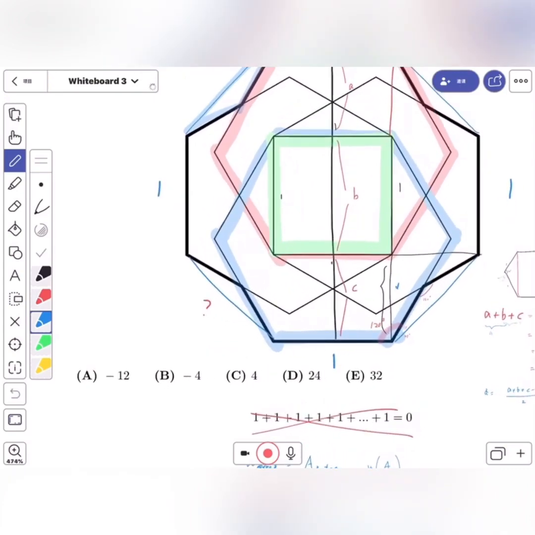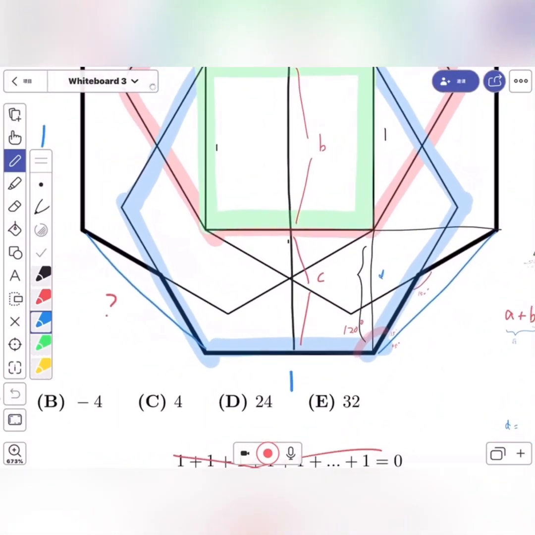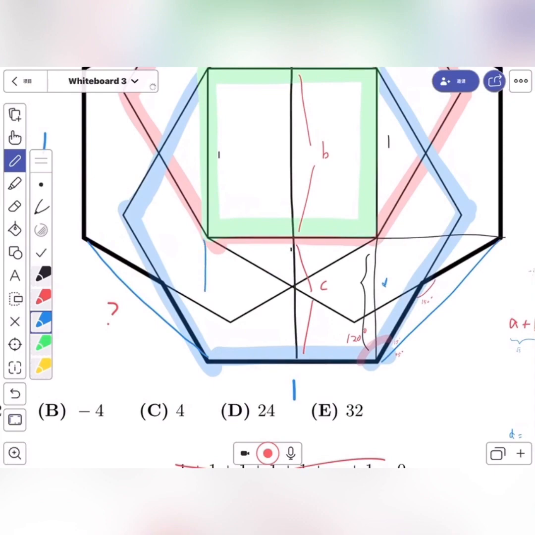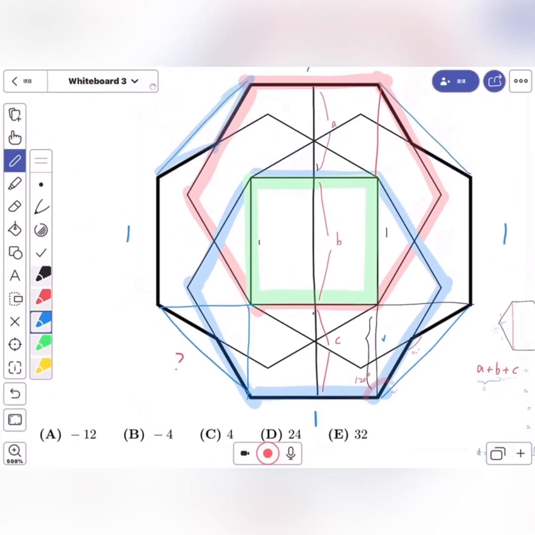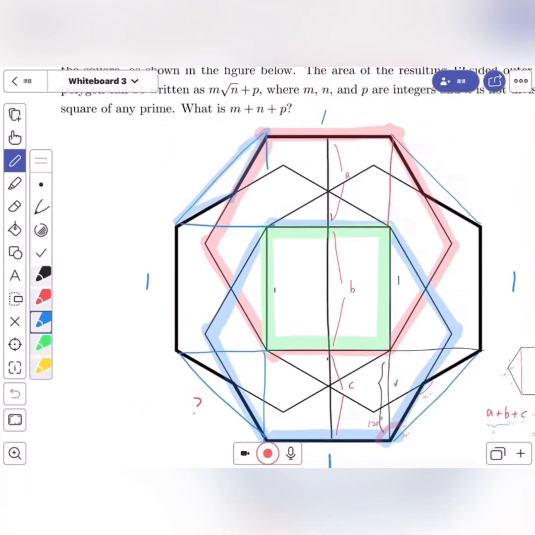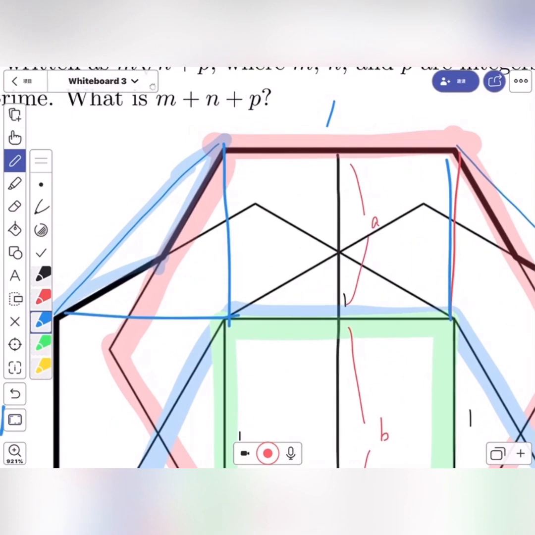Well, we know what these 4 side lengths are. Oh, this is root 3 minus 1.